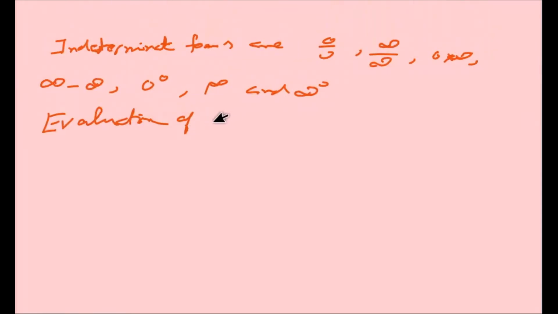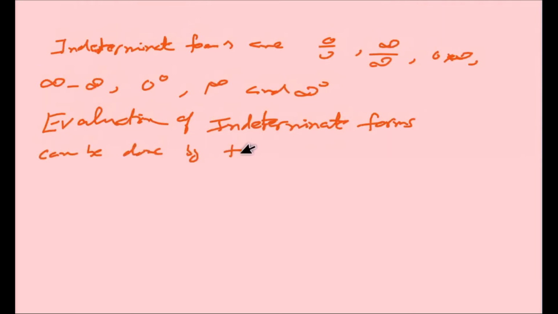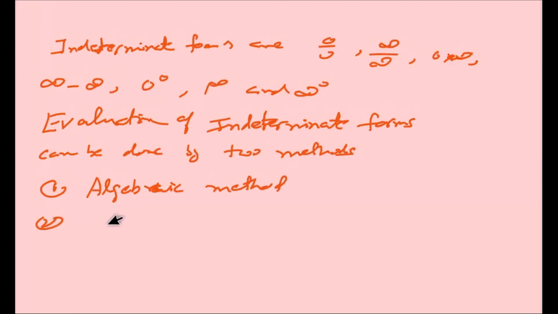Now, the evaluation of indeterminate forms can be done by two methods. Number one is the algebraic method and number two is L'Hospital's rule.